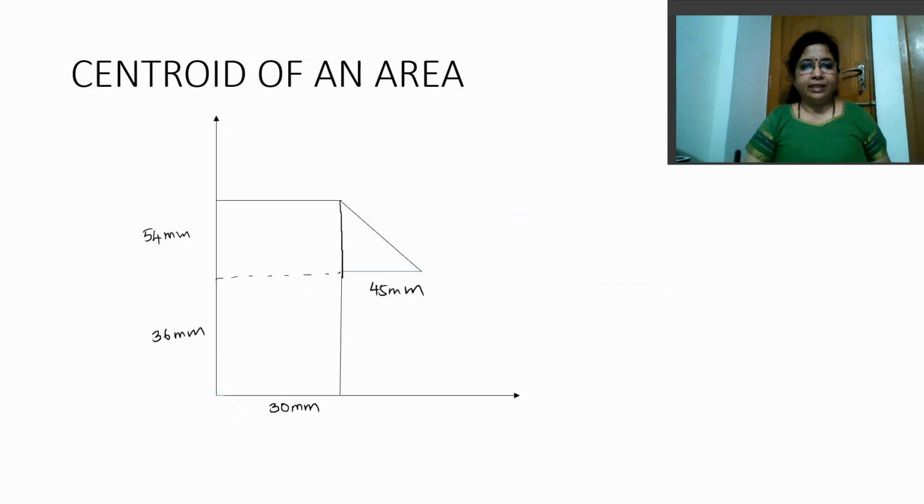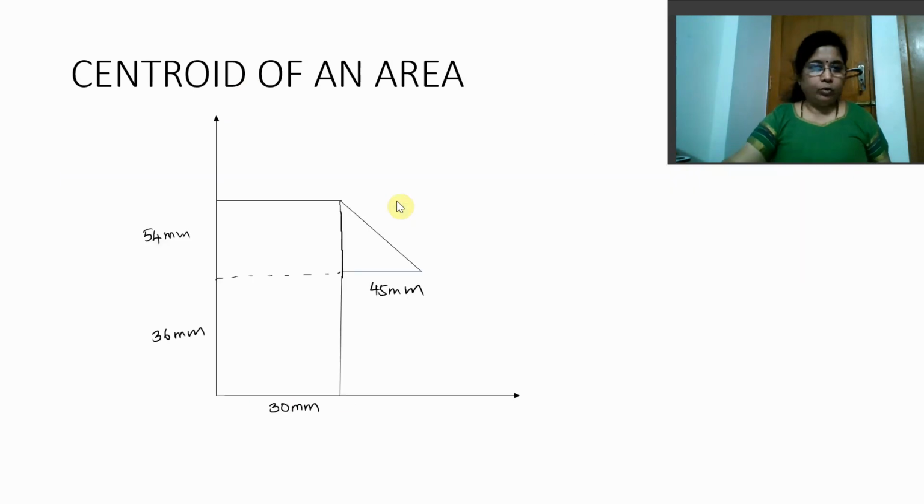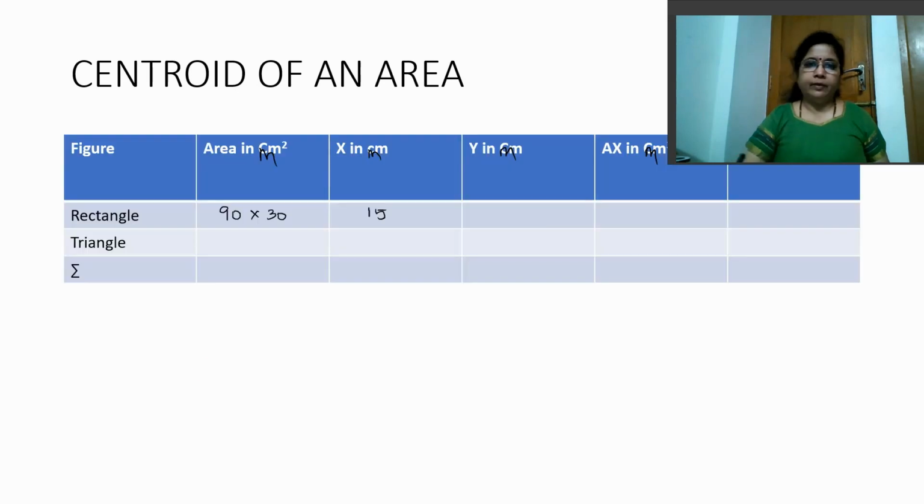Then what is the x coordinate? So this entire thing is 30. So half of that is going to be 15 millimeter. So I need to find out y. Again, it is simple. This entire length is 90. So half of that is going to be 45.